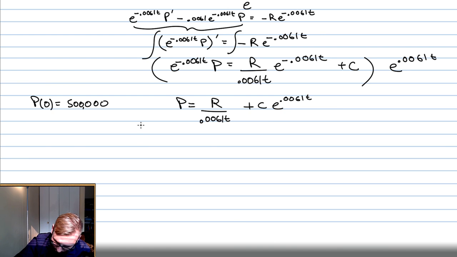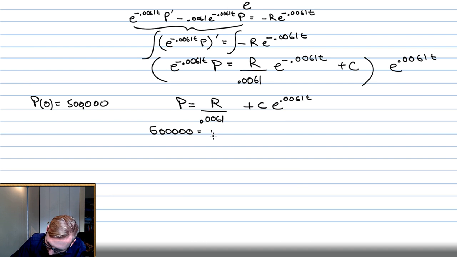Well, that means t is 0 and p is equal to 500,000. 500,000 equals, did I write this? Oh, I shouldn't have a t there. I'm silly. That's why it looked funny.